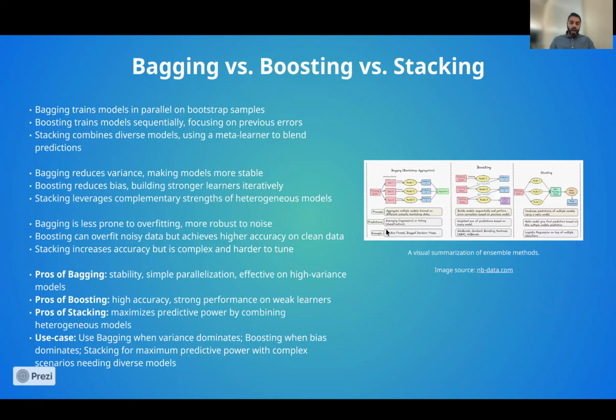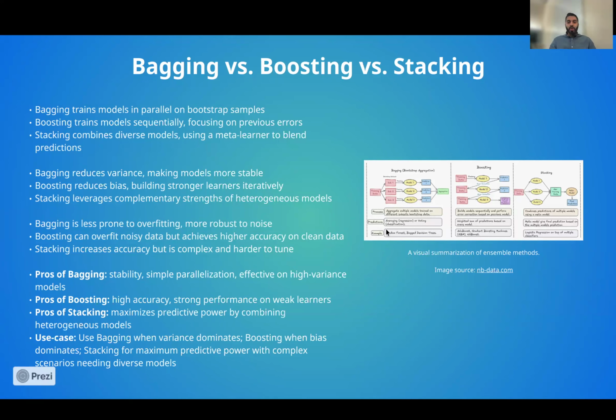On the other hand, stacking does lead to an increase in accuracy again because you've got multiple base models and a meta model. But again, it's complex and it is way harder to tune as you come up with diverse model architectures as part of your base models. So those are some of the different pros and cons of bagging versus boosting versus stacking.